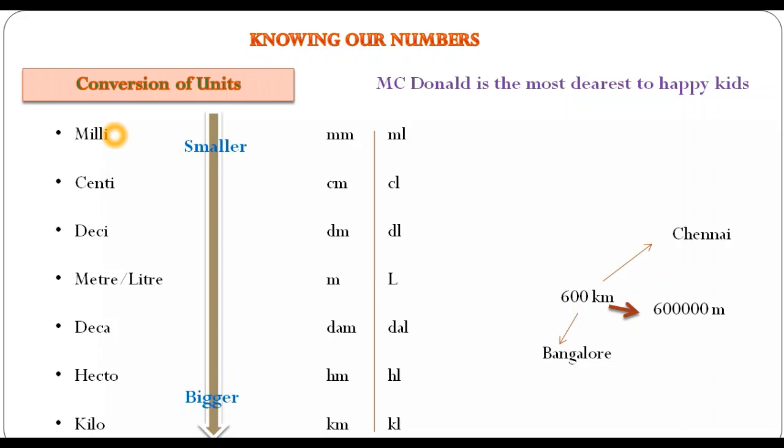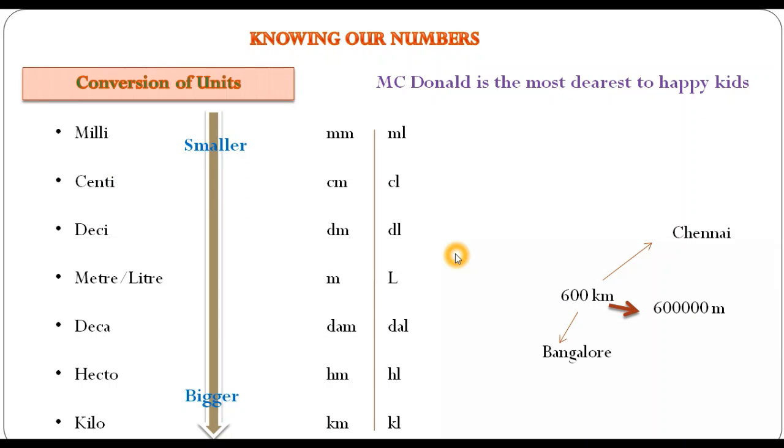Now let's come to the conversion. Every time you want to convert something from a smaller unit to a bigger unit, let's say you want to convert something from centimeter to decameter or centimeter to hectometer, you are moving down, right? So from up to down. So whenever you are moving down, what do you do?